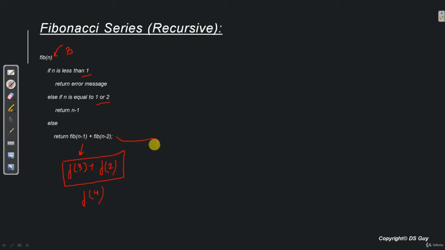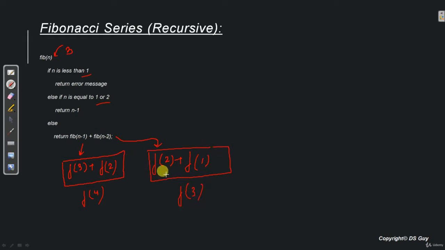So it returns Fibonacci n-1, that is 3 minus 1, 2, plus Fibonacci n-2, that is 3 minus 2, 1. So this is the value of Fibonacci 3.